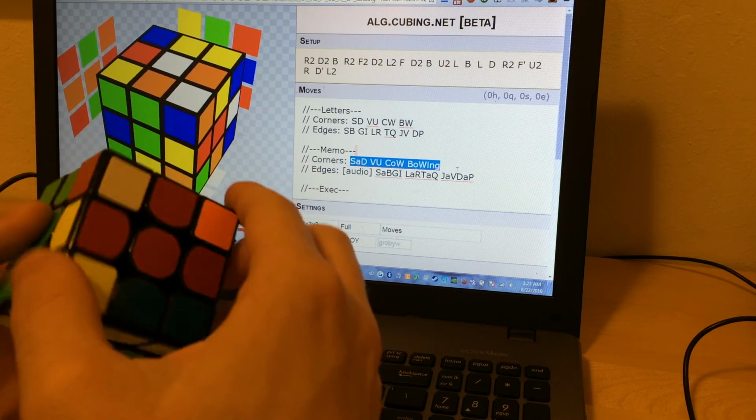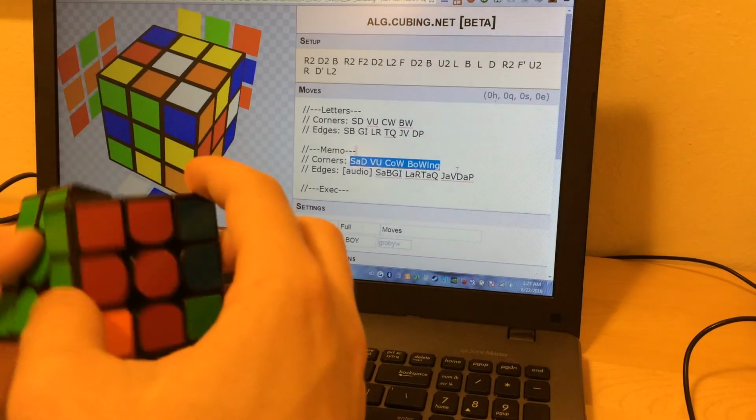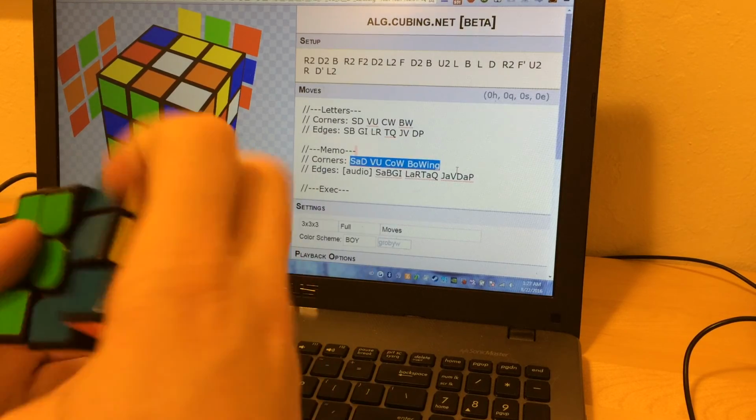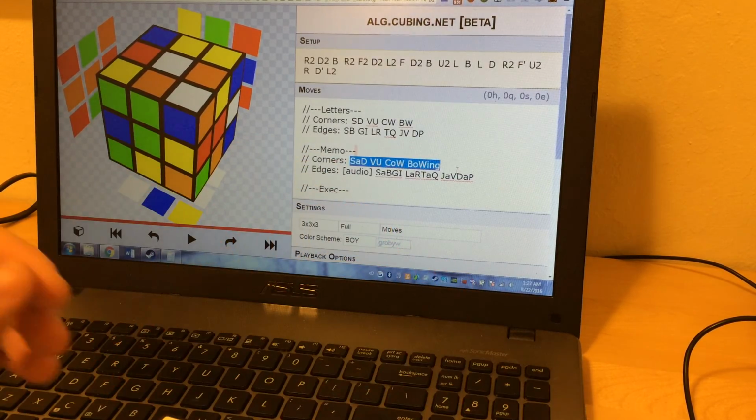I mess this up often. There, and then bow. So that's it.